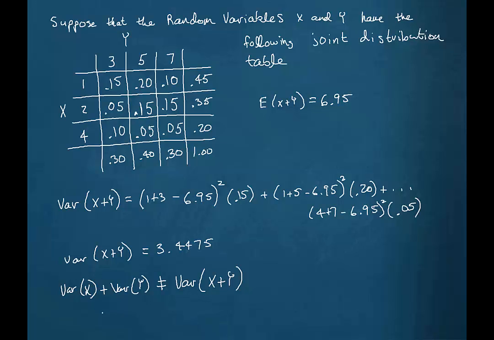And if we checked, we would find that the random variables x and y are not independent. So what we see here is that when the random variables x and y are dependent, then the sum of the variances of the random variables x and y will not be equal to the variance of the sum of the random variables.